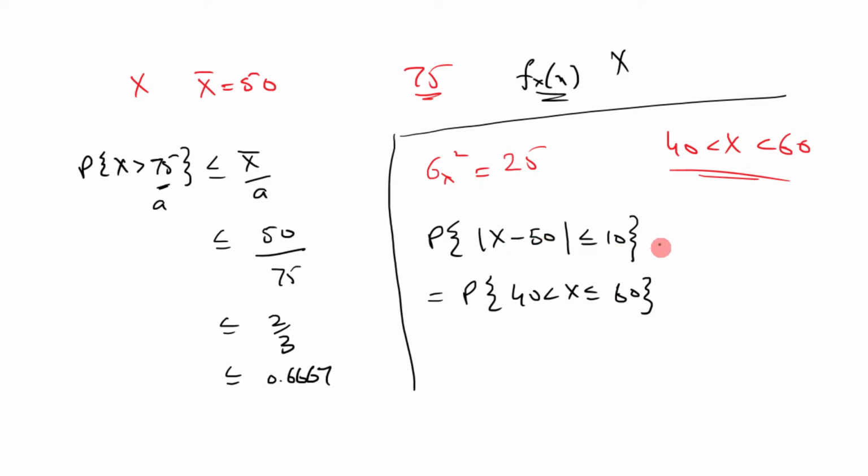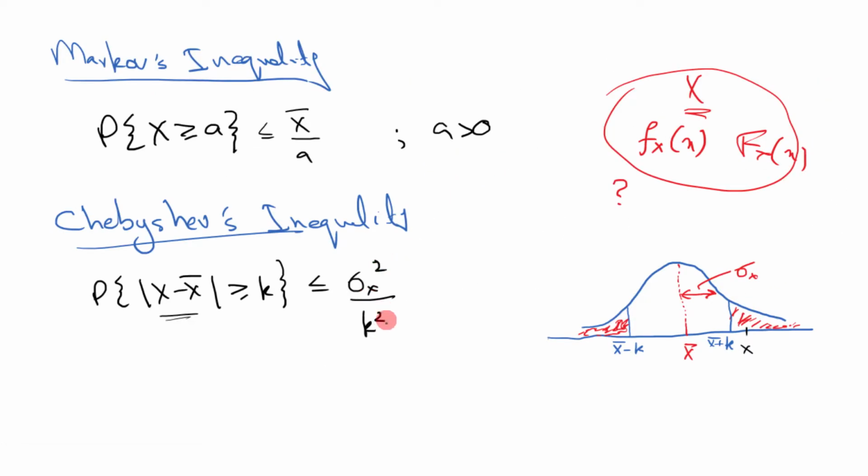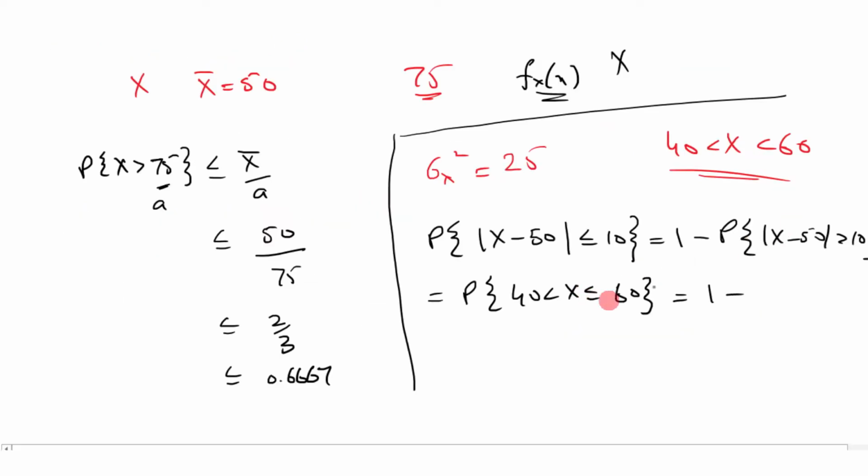So using Chebyshev inequality, we can express it as 1 minus probability of x minus 50 greater than 10, and it will be equal to, using the Chebyshev inequality, 1 minus sigma x square over k square.